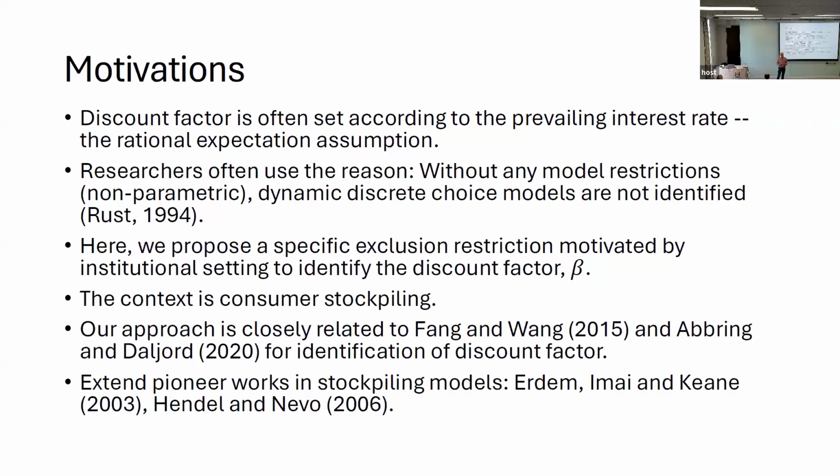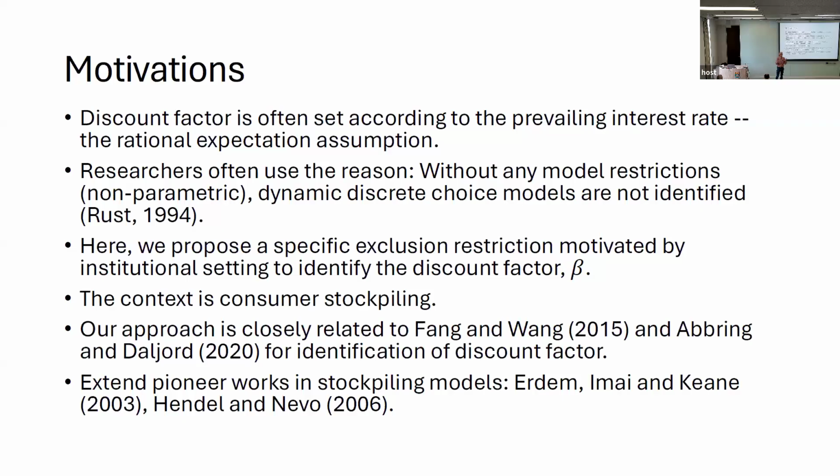You will hear in the literature, people give the reason that non-parametrically it cannot be identified. This is one well-known result. It's true that if you don't put any structure on the utility functions, the dynamic model will not be identified because, intuitively, in every state the utility function can take different values.